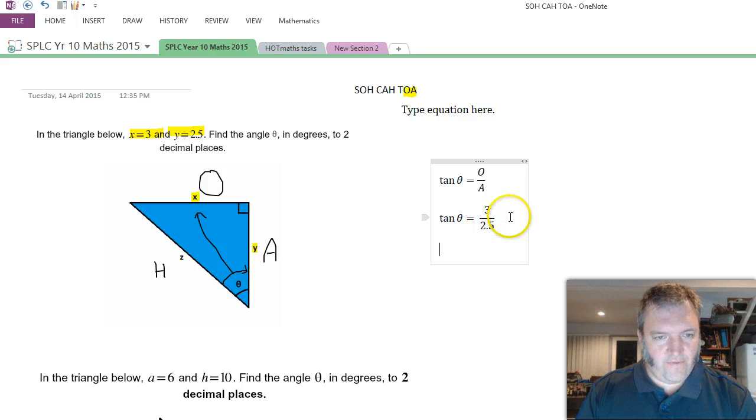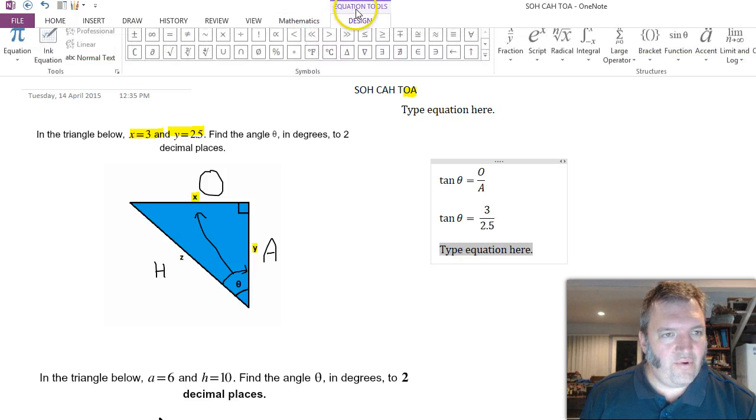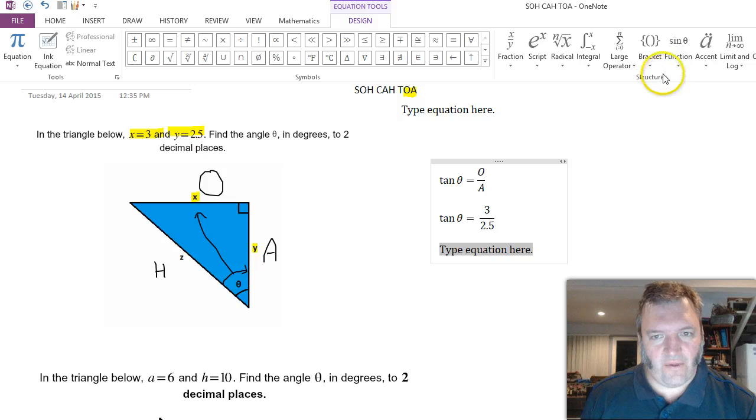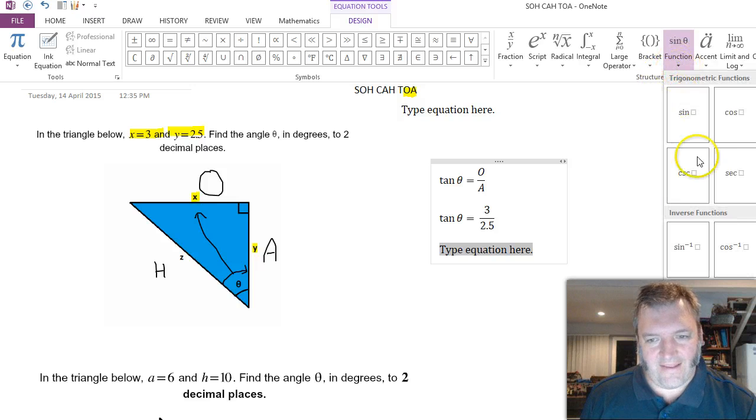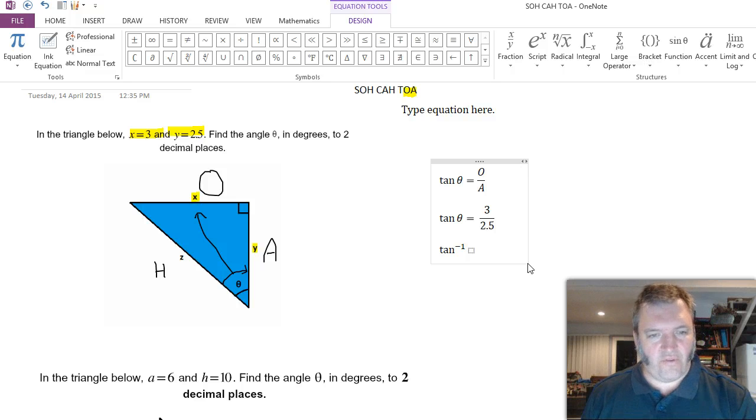Now in order to solve this, we need to do the inverse tan function. Your calculator shows it as tan to the power of -1. Previously, before calculators wrote them like that, we used to call that arctan, which is what we're doing. We're finding the arc that would result in that tangent ratio.